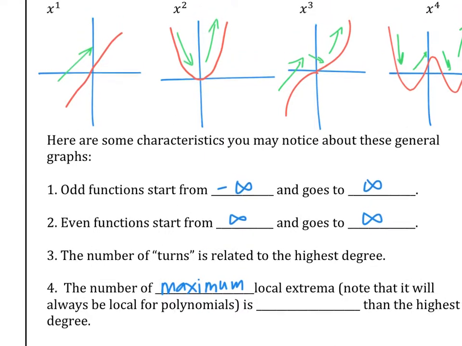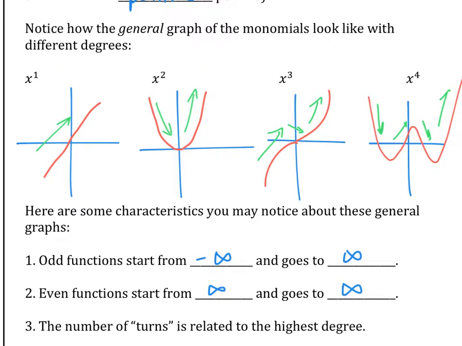Maximum. All right, so let's take a look again. X to the first. How many local extrema does it have? None, right? X squared. How many local extrema does it have? 1. Yeah, 1. X cubed, how many extremas will it have? 2, okay?